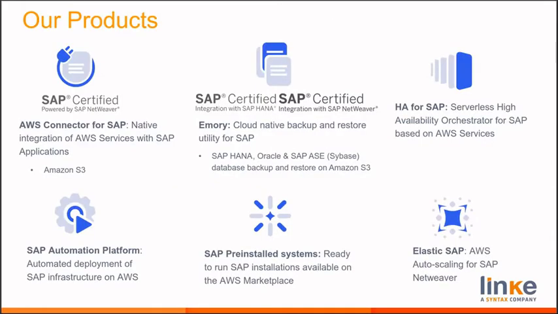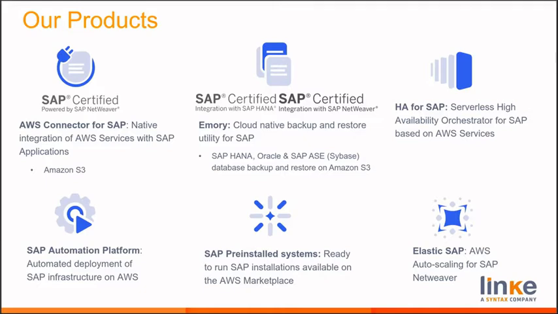So if we have a closer look at those tools, the main flagship solution is called the AWS Connector. It is basically a DevOps innovative tool made to enrich your SAP applications with AWS services. So for example, you can store some documents of your current content server into an Amazon S3 bucket, so it's easier to maintain and at a lower cost.